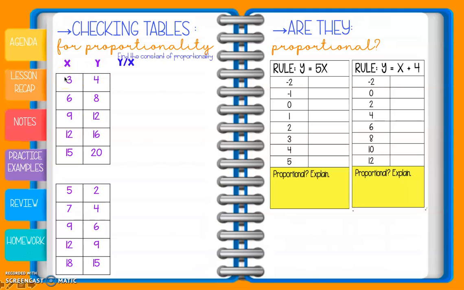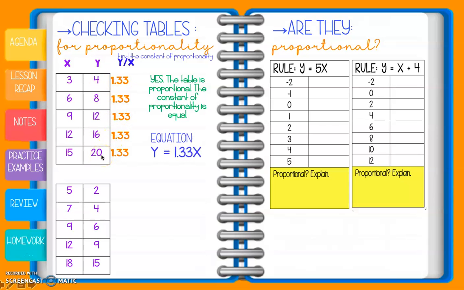So 4 divided by 3 gives us 1.33. 6 divided by 8 gives us 1.333 repeating. 9 divided by 12, 1.333 repeating. 16 divided by 12, 1.333 repeating. 20 divided by 15, 1.333 repeating. So yes, this is a proportional table because every row has the same unit rate. That means we've got the same constant of proportionality throughout.